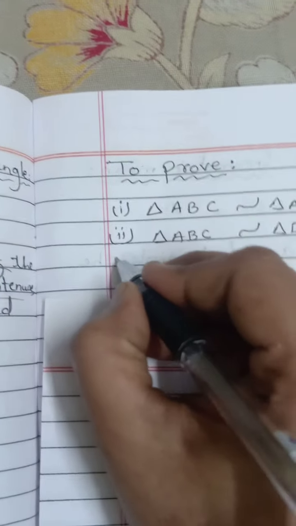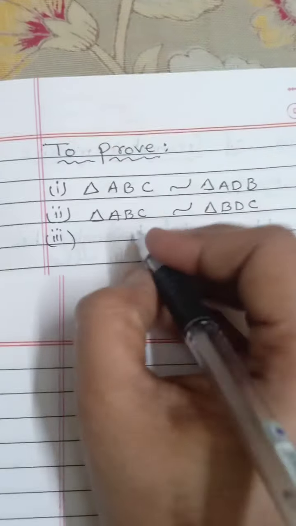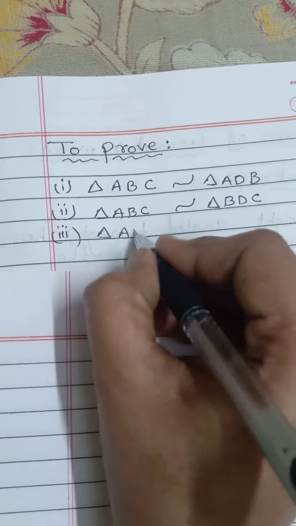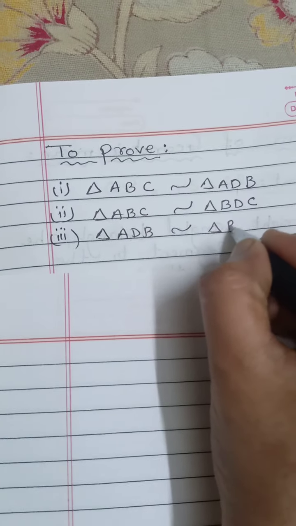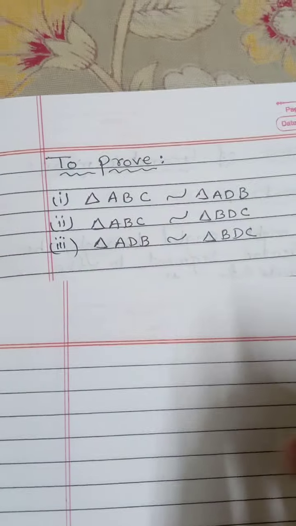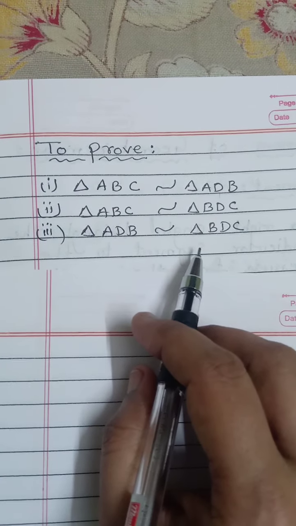And third, these two triangles are also similar to each other. That means triangle ADB will be similar to triangle BDC. So these three only we have to prove. So we will try to prove this.